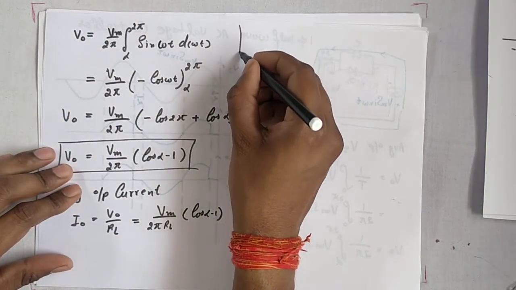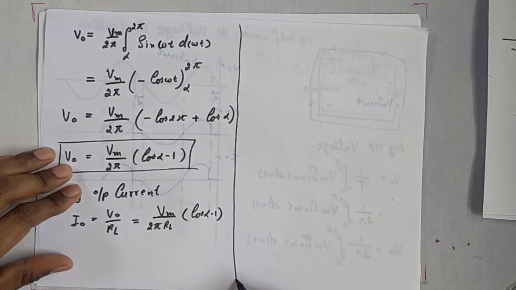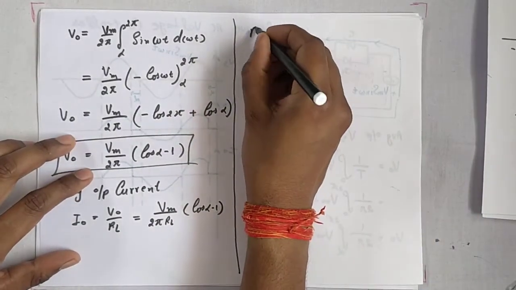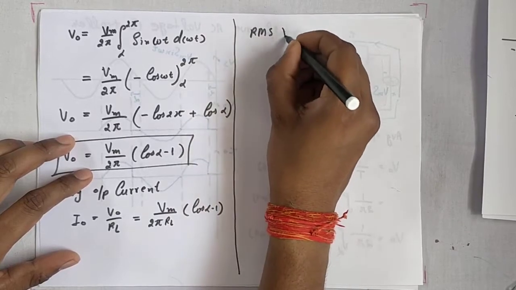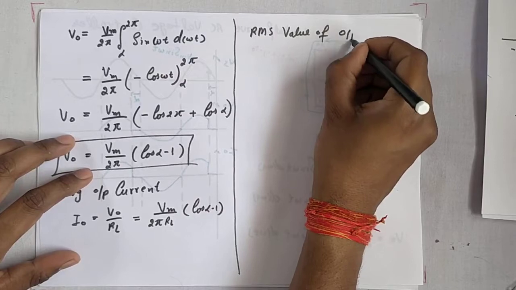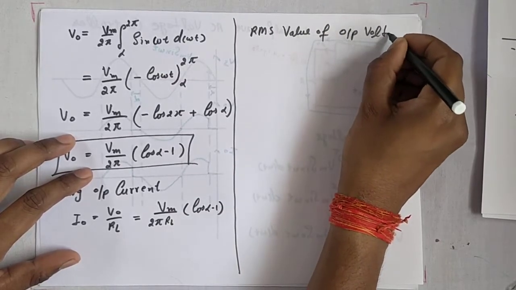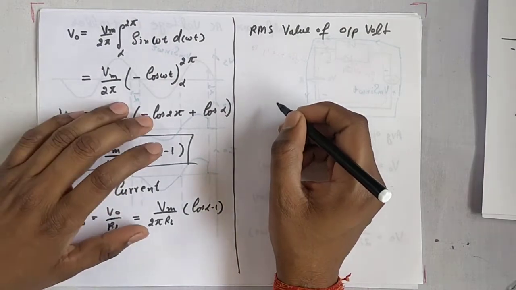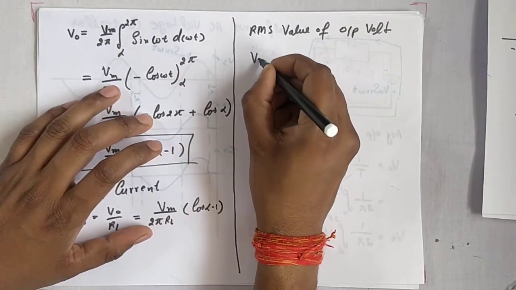Now find the RMS value of output voltage. How will we find the RMS value of output voltage?